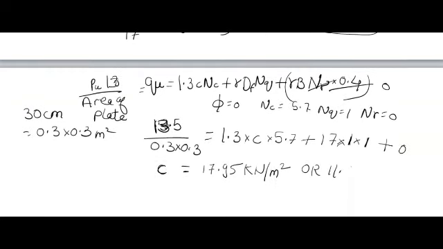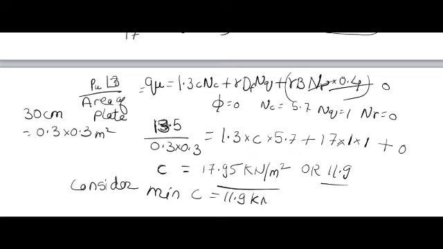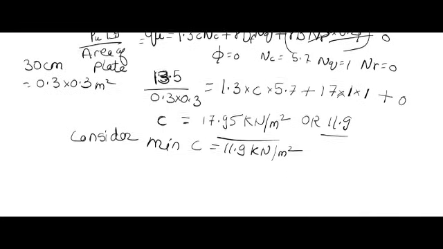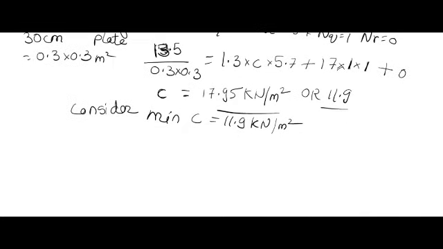From these we will consider the minimum C, equal to 11.9 kilonewton per meter square. Now we can calculate the ultimate bearing capacity QU for the strip footing.